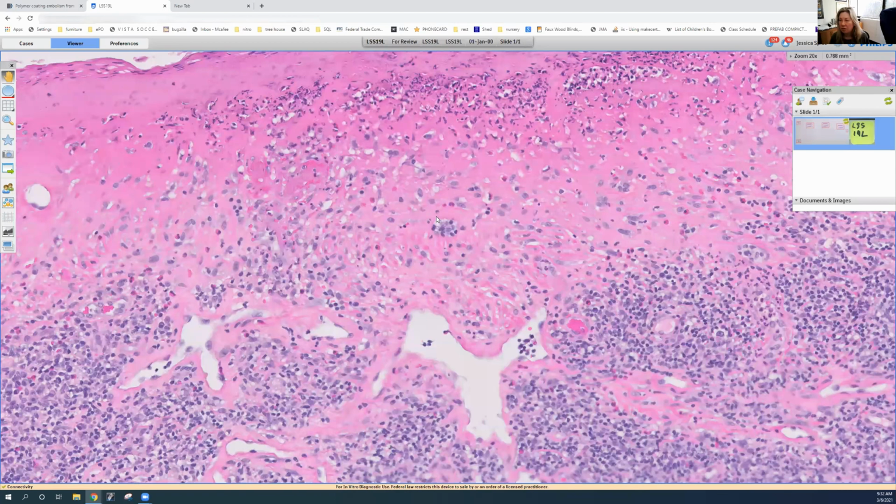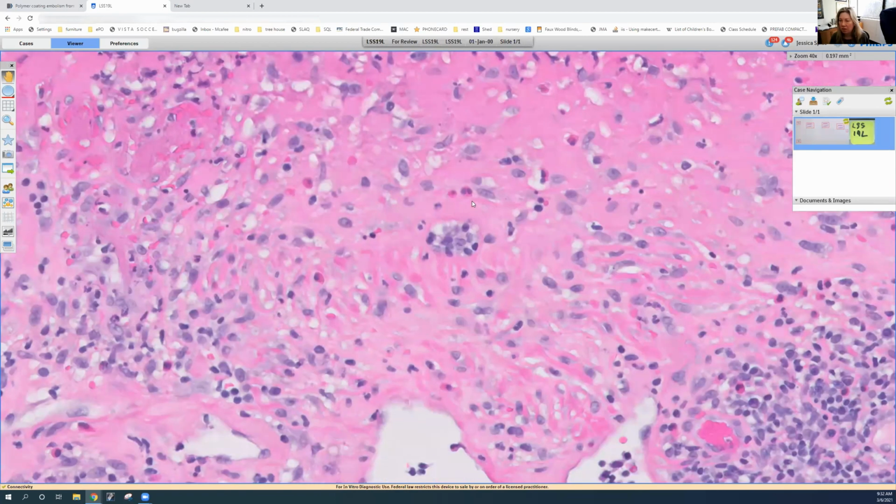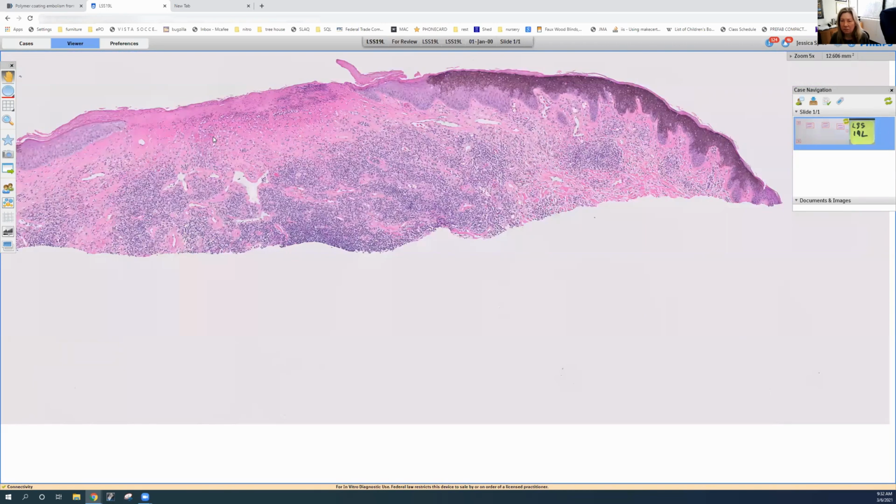And here we can see at this power lots and lots of eosinophils. These are the cells with the brightly eosinophilic granules and bilobed nuclei. There are some extravasated red blood cells, the more refractile looking ones, not as deeply eosinophilic staining.